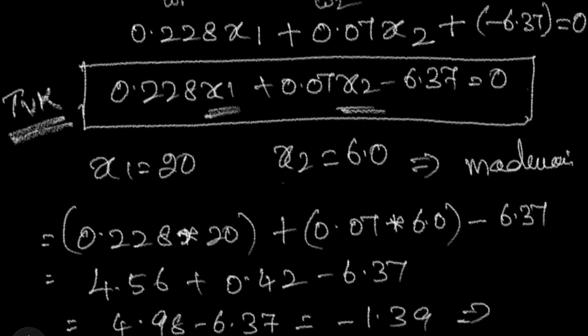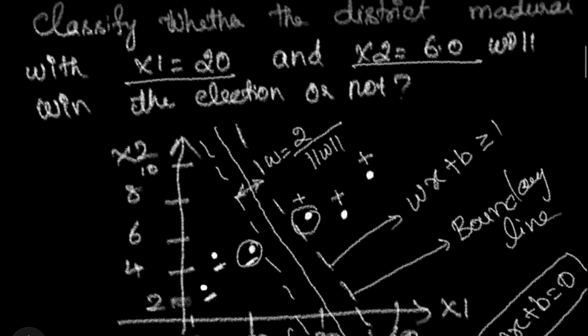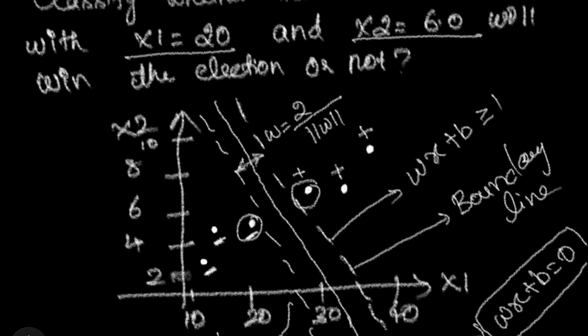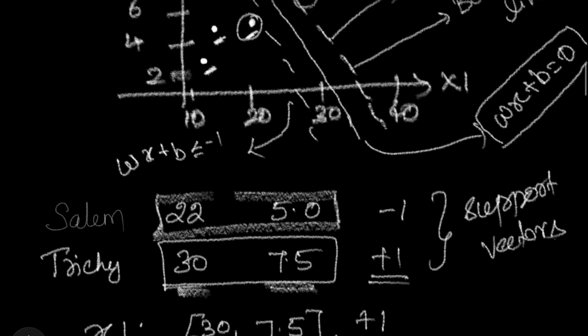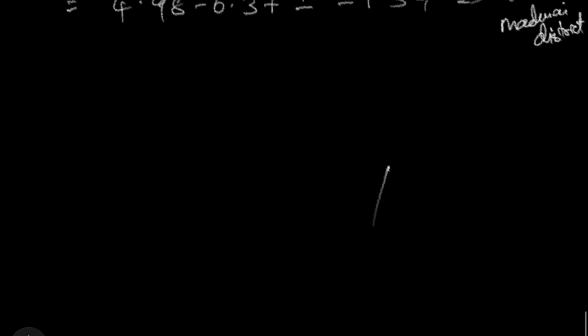Thereby it concludes that TVK will lose the election in the Madurai district. Alright, this is purely based on the given data set. We have found the boundary line equation, and whatever new sample is given for you for the classification, you can directly apply it on the boundary equation. Just apply the value of x1 and x2 in the boundary equation, you will get the result.